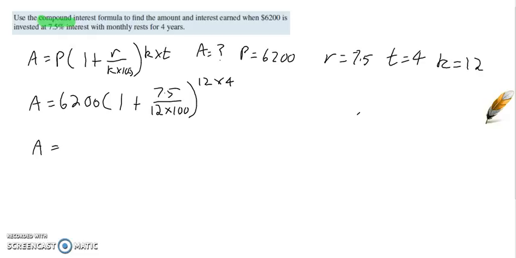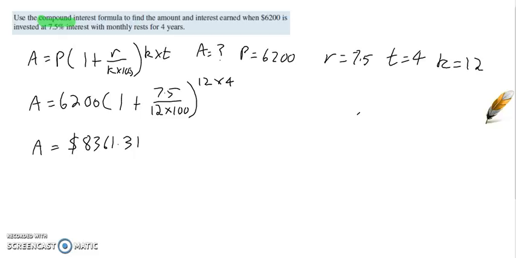Then hit 1 plus, hit the fraction button, 7.5 over 12 times 100. Hit the right arrow so that you get off the fraction and close the brackets. Then hit the power button, which is X with a little box, and type in 12 times 4. When you do all that, you get 8,361.31. If you had a problem getting that answer, you need to really go and talk to a teacher about how to type stuff into a calculator.